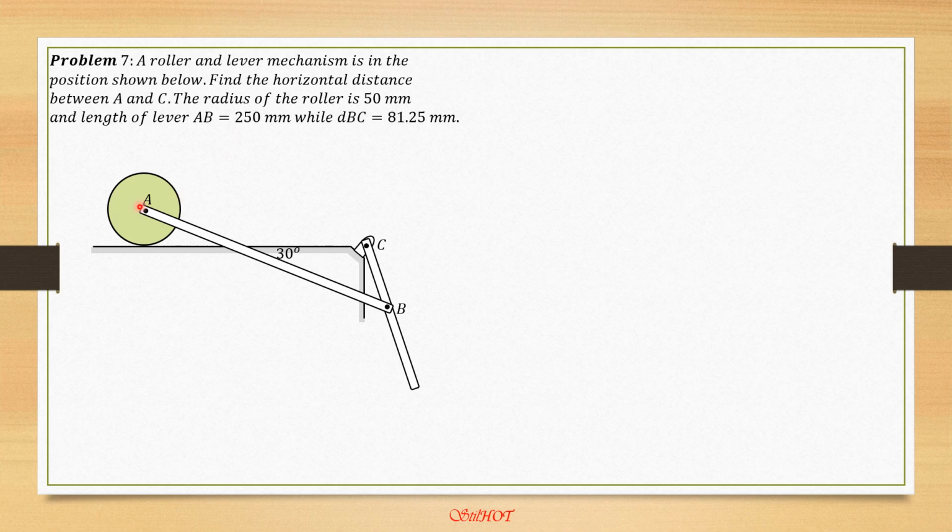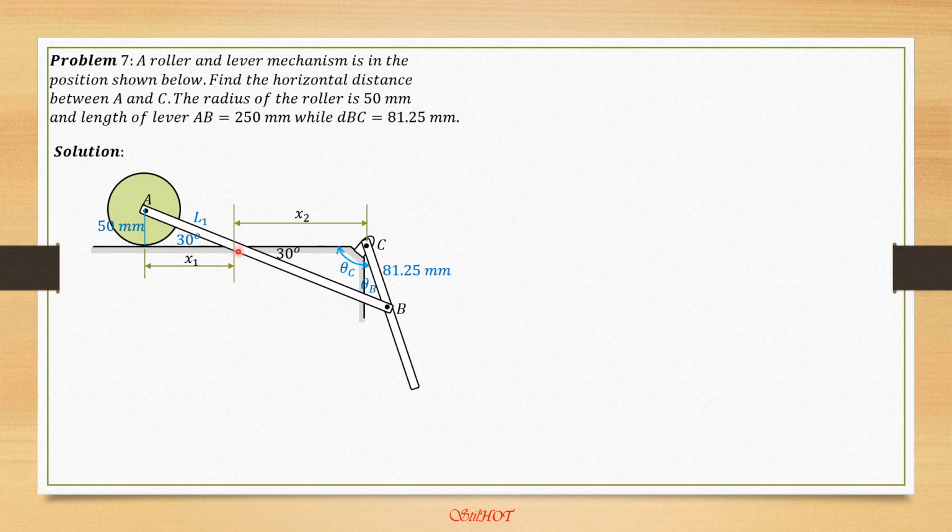So first, because this is 30 degrees, this is also 30 degrees. So we can solve this distance, call that x sub 1, because this is 50 mm and that's a right triangle. So that's x sub 1, let's call this x sub 2. And if we call this 81.25 mm given, let's call that theta B, this angle here as theta C. Then call that L1 from A to this point here.